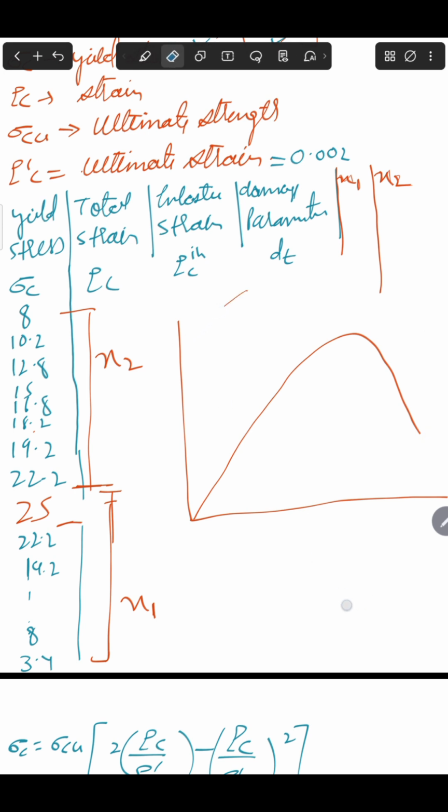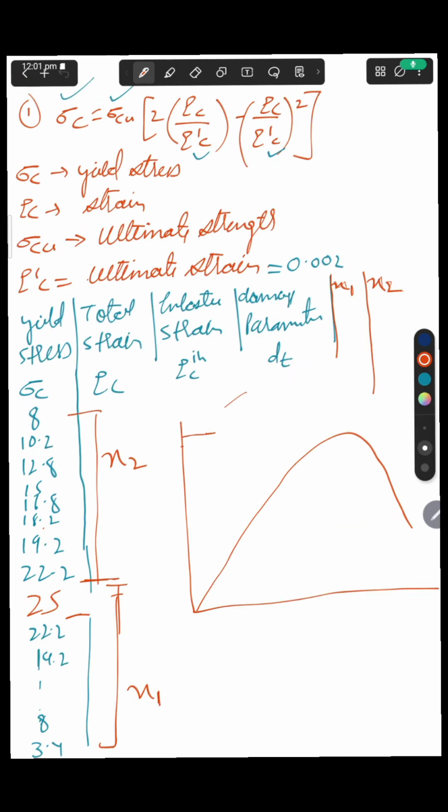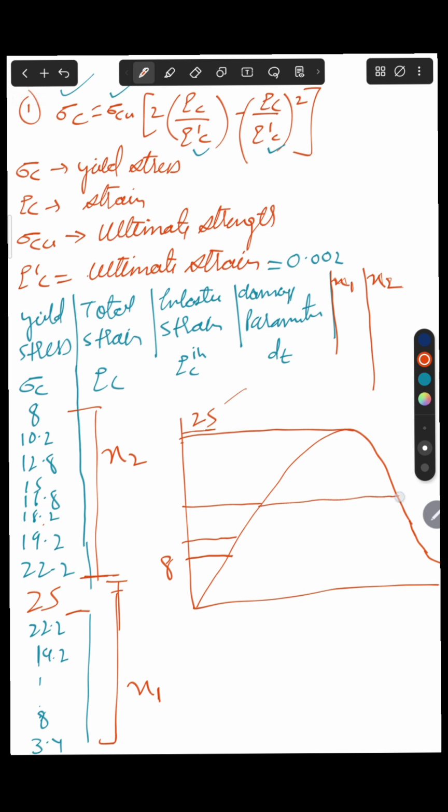Again, understand the graph. Here we have our sigma cu, that is 25, and somewhere in between we have fcu equals 8, and here we have 10.2 and so on. For all these values we get two values of strain, the first value this one and the second value this one.